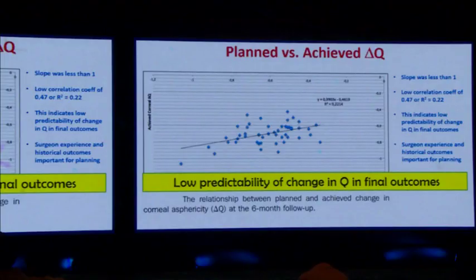Because this regression shows that it is not predictable. It is not predictable because there's no way to measure Q value post-op. So we should not look at the post-op Qs. The only way to judge how much spherical aberration you got pre to post-op is to make a pre-op wavefront and a post-op wavefront and see if you induced the refractive change you wanted.